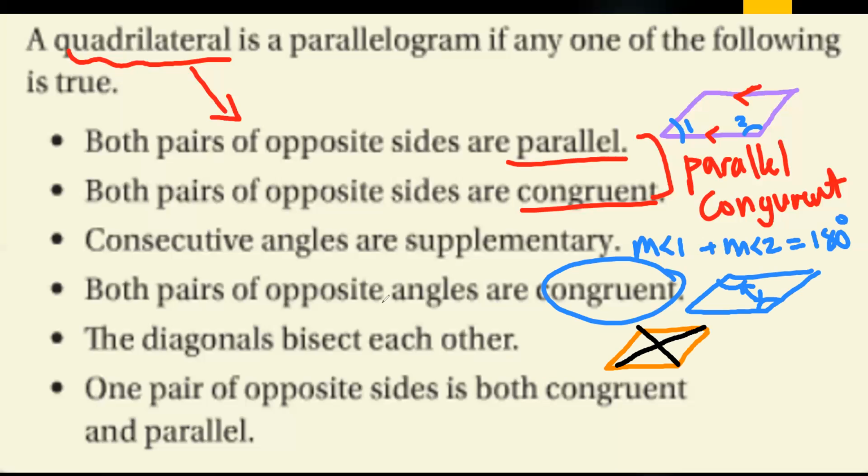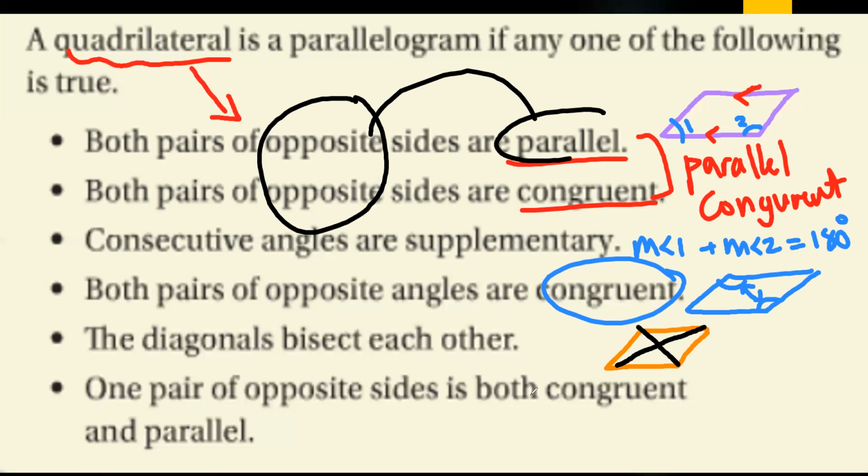And one pair of opposite sides is both parallel and congruent. So let's go back here. I will say that if they are opposite, it means they are parallel and congruent.